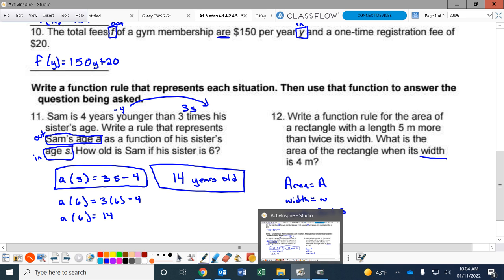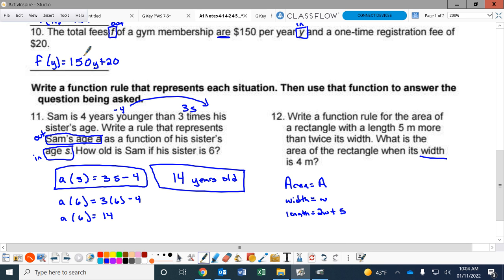Oops, sorry guys, that's in the thing. Alright. So, remember the formula for the area of a rectangle is area equals length times width. So when we set this up, the area based on the width, because everything's based on the width, I put it there, circle, it says in terms of the width.